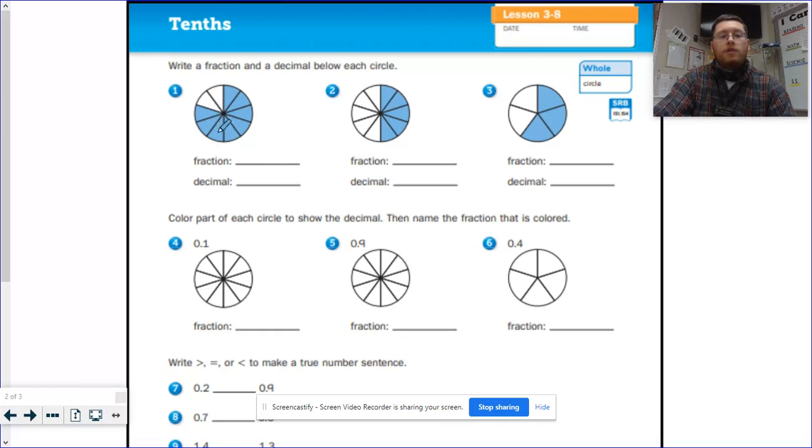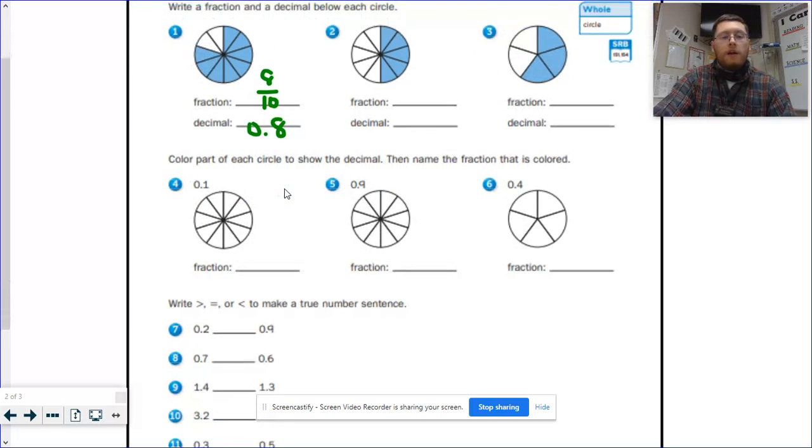I have 1, 2, 3, 4, 5, 6, 7, 8 pieces out of 10. So there's my fraction, 8/10. And then my decimal would be 0.8. Because this is the tenths place, and there's 8 that go in there.